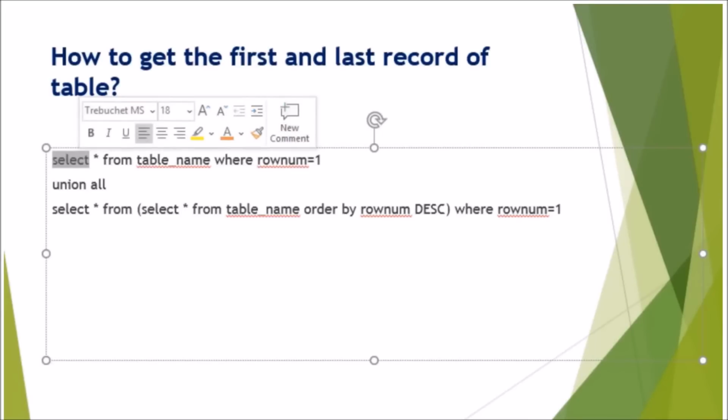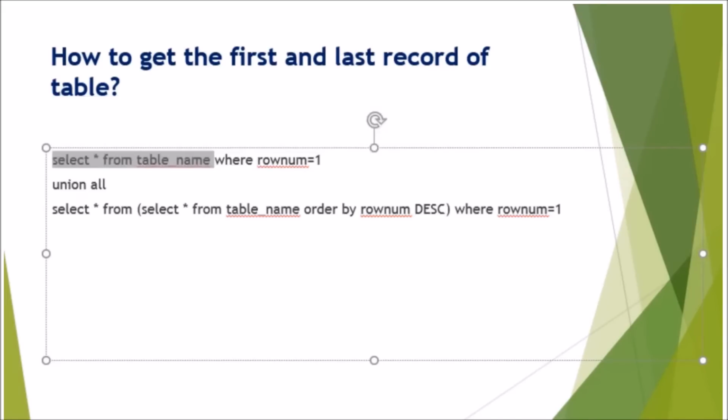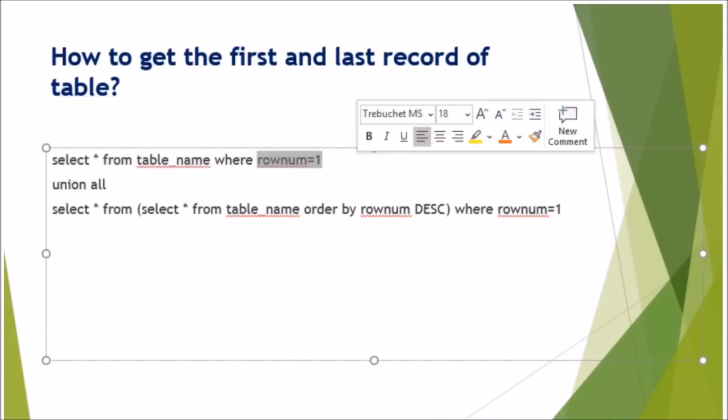So if I have a table with 20 records and I perform select star from table name, it gives the 20 records, and for them it stores the sequence as the rownum value.